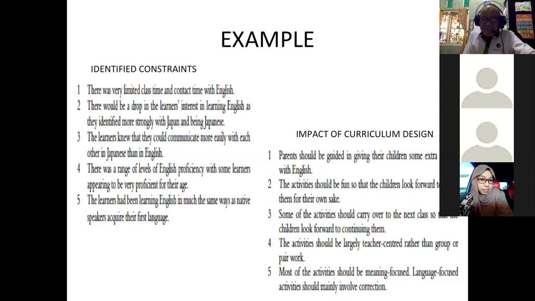Because they are still using their native tongue, their mother tongue. So maybe you design the activity based on this constraint, saying that probably the activities might be mostly or largely teacher-centered. So this constraint will have an impact on the curriculum. So the first one would be addressed using this kind of solution.